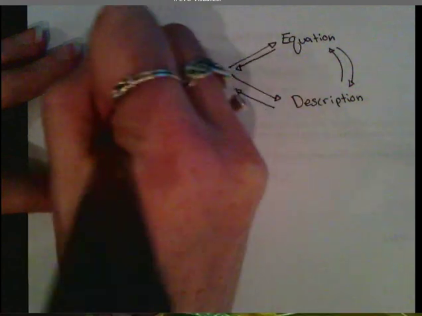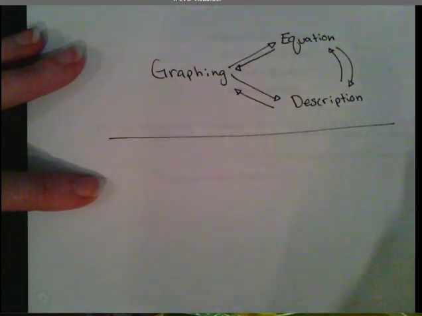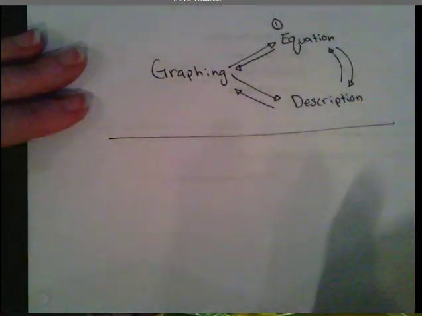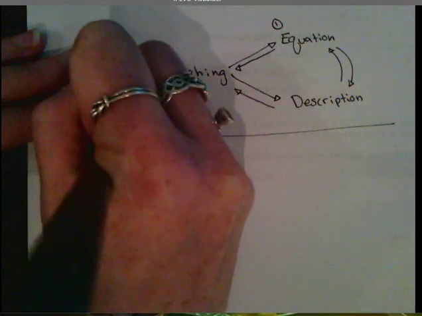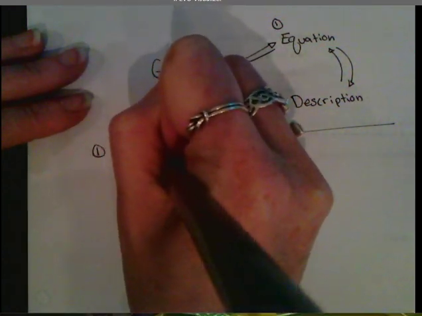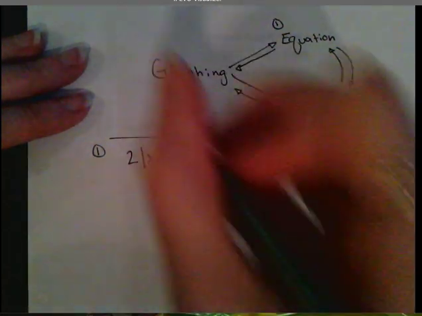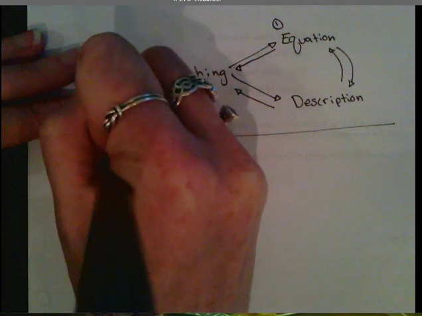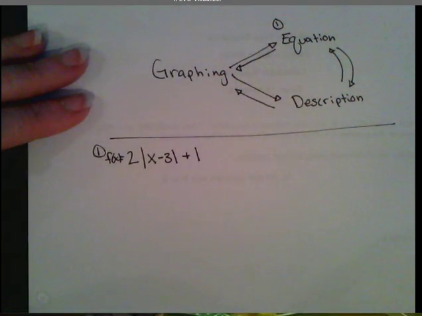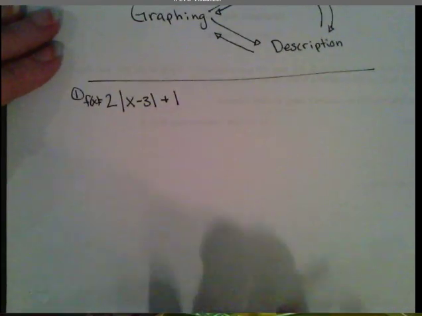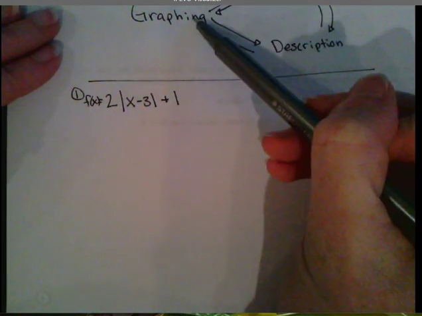So if I were to say, we'll start out, let's say they gave you an equation. And they say, well, you have 2 times the absolute value of x minus 3, plus 1. This is our function, this is f of x. Well, let's say they want us to go from an equation to a graph.